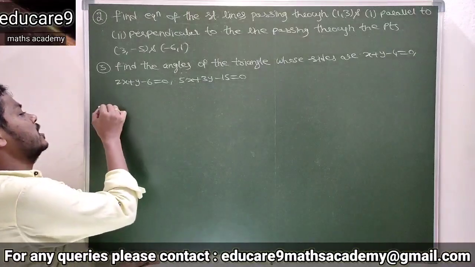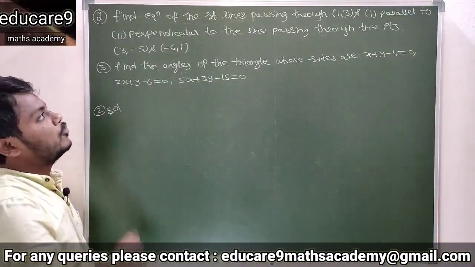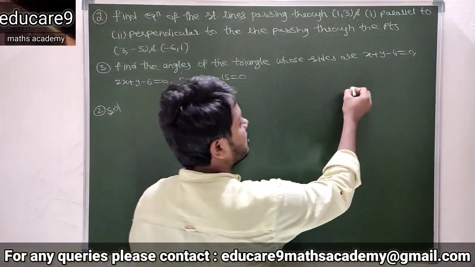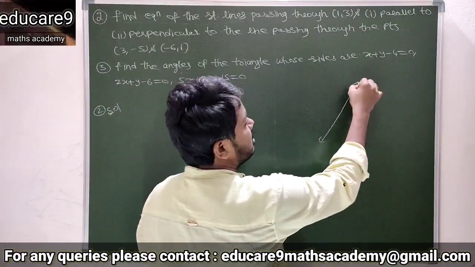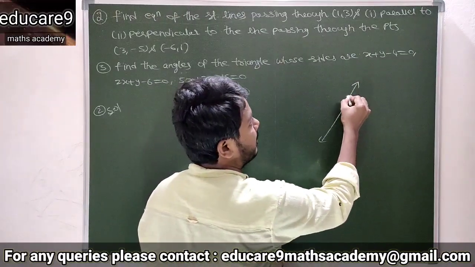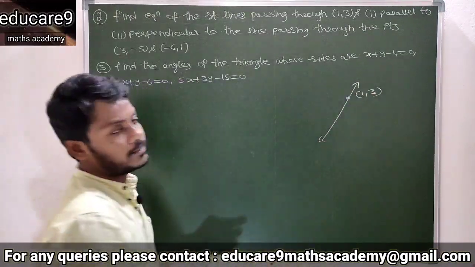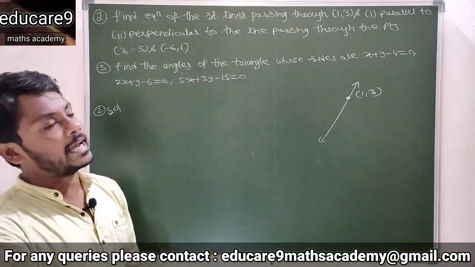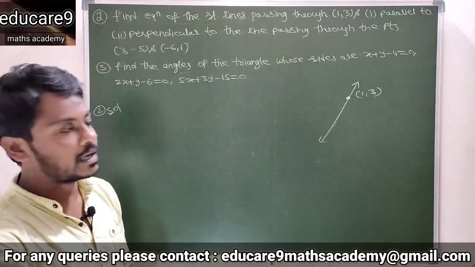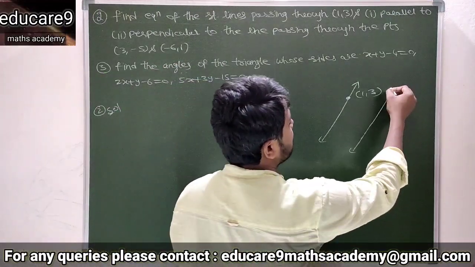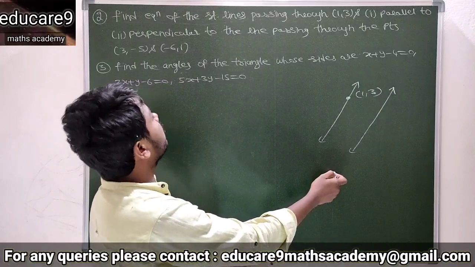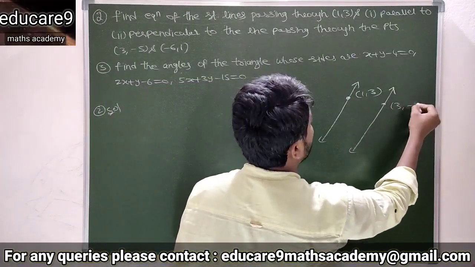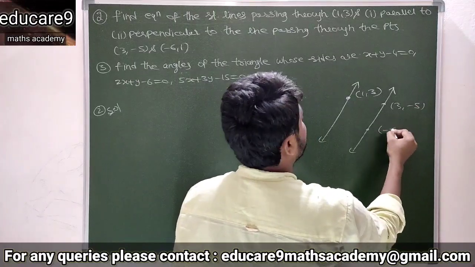So see the second solution. Find the equation of the straight line passing through the point 1, 3, where the first one is parallel, and the second one is perpendicular, to the line passing through the points 3, minus 5 and minus 6, 1.